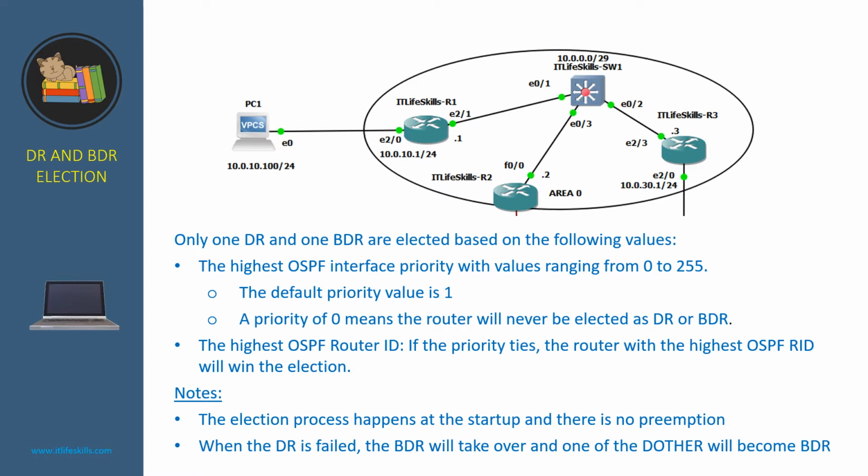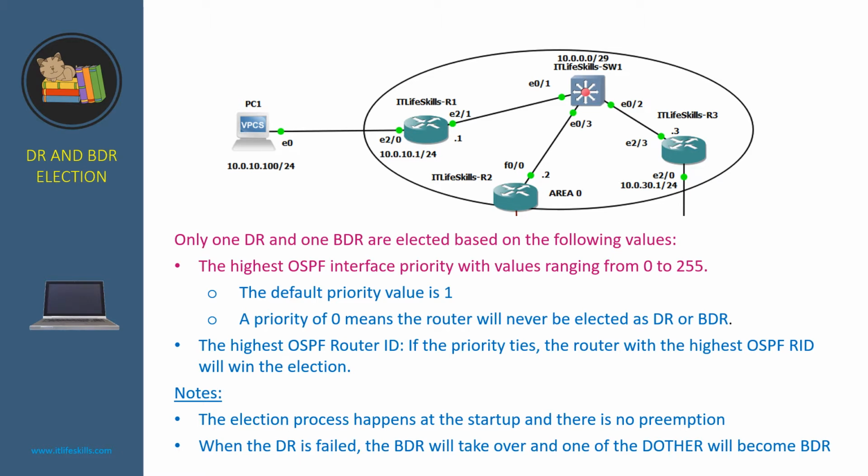They are elected based on the following values. The first value is the interface priority value. For example, if we configure the priority value on all the interfaces of the routers with a value ranging from 0 to 255, the one with the highest interface priority value will become the DR, and the second highest will become the BDR.